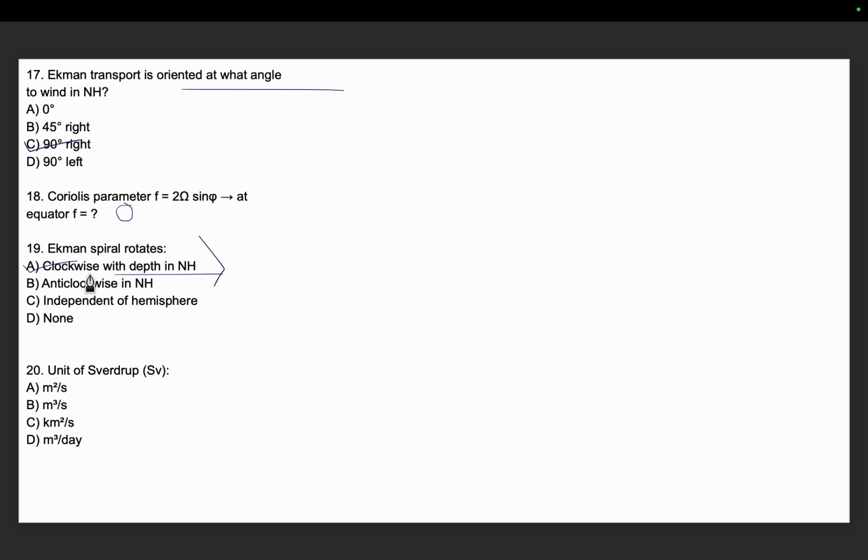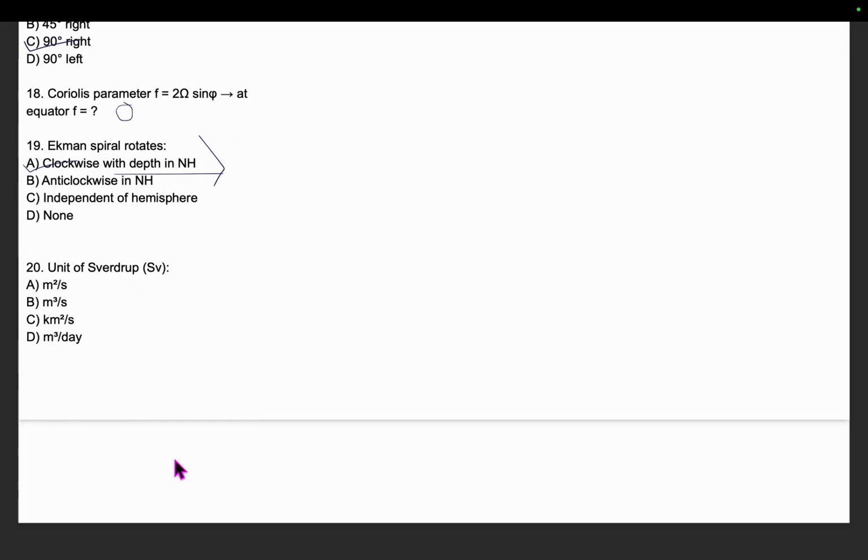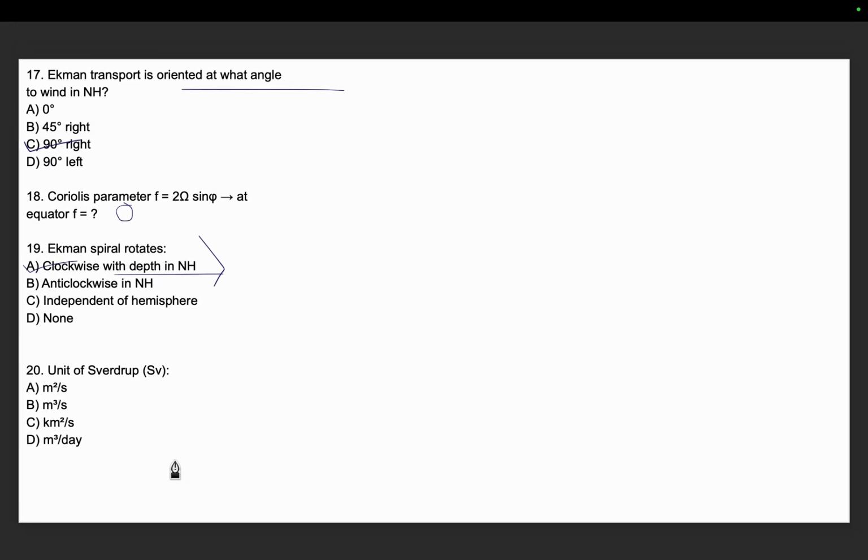Question 19, option A is correct. The unit of Sverdrup, Sv, is what? Yes, this is option B, meter cube per second.